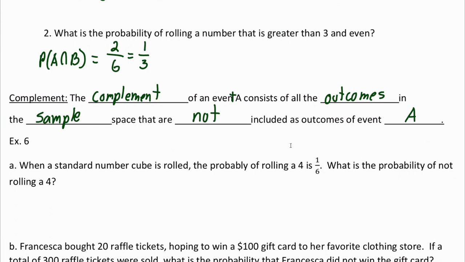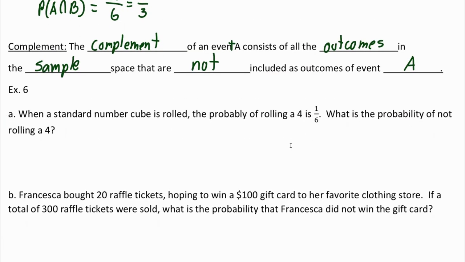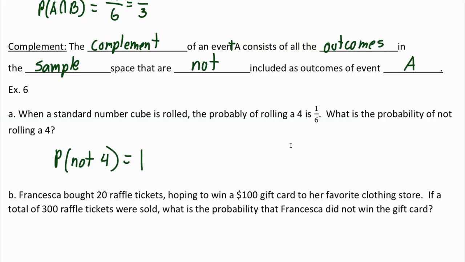So for example, this says when a standard number cube is rolled, the probability of rolling a 4 is 1/6. What's the probability of not rolling a 4? So if we're trying to find the probability of not rolling a 4, probability is always going to be kind of like a decimal. So what we can do is say 1, which would be the probability of basically everything, and we would subtract the probability of rolling a 4.